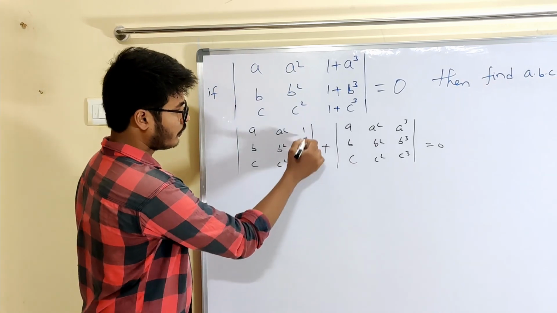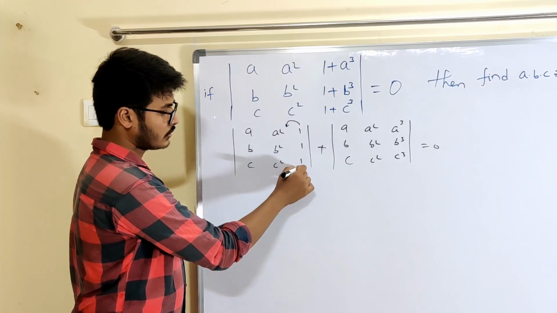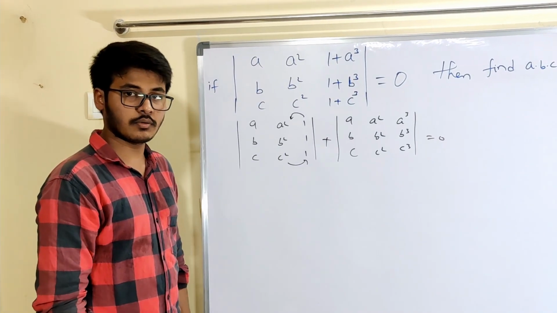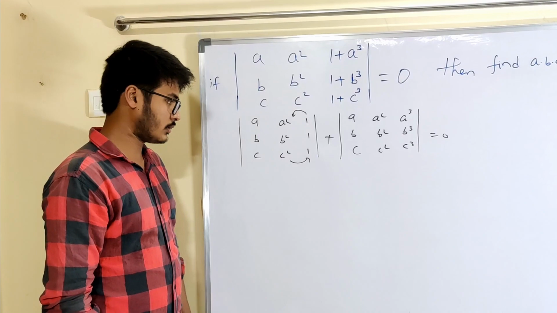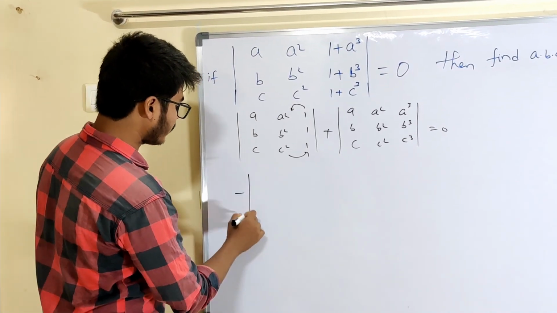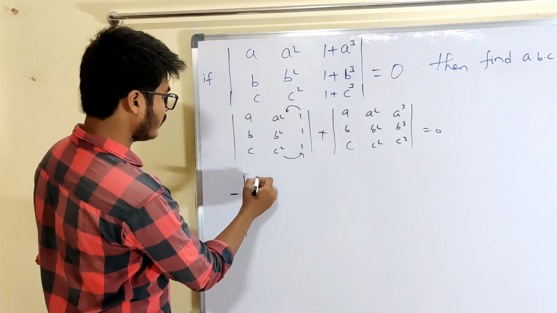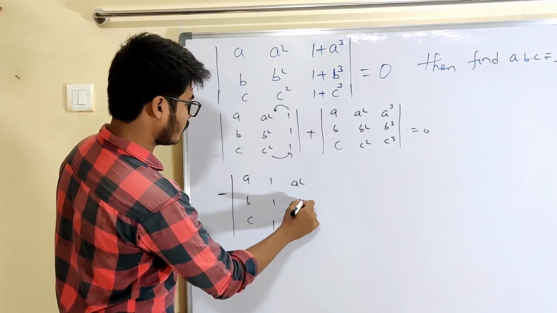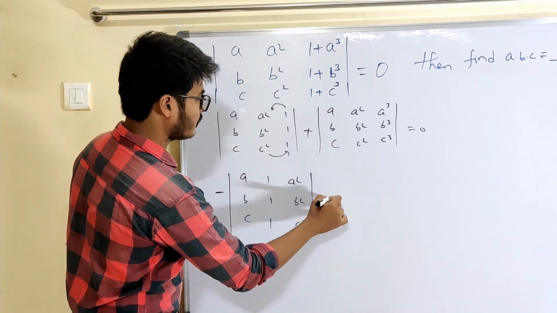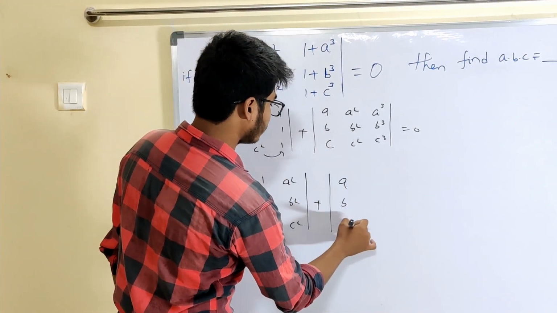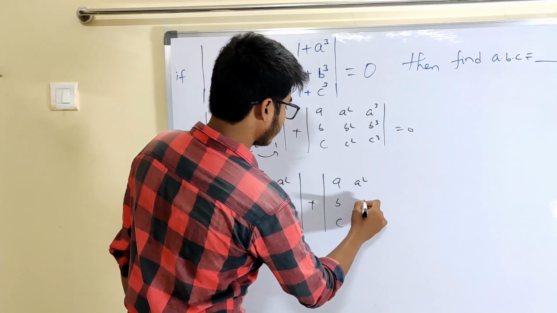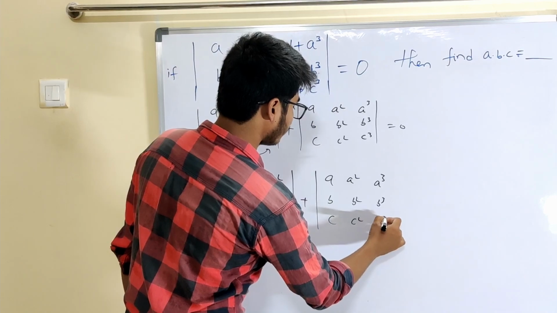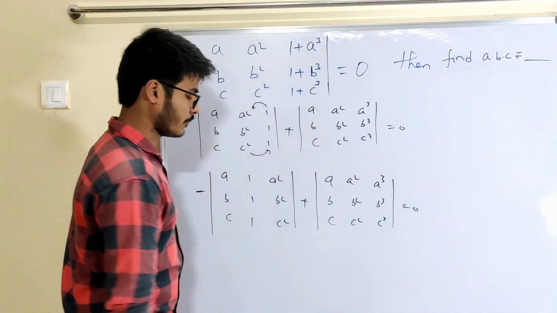Here now we will interchange these columns. As we know, whenever we interchange one column or row, the sign of the determinant changes. So here the determinant becomes negative. Here a b c, 1 1 1, a square b square c square, plus a b c, a square b square c square, a cube b cube c cube is equal to 0.